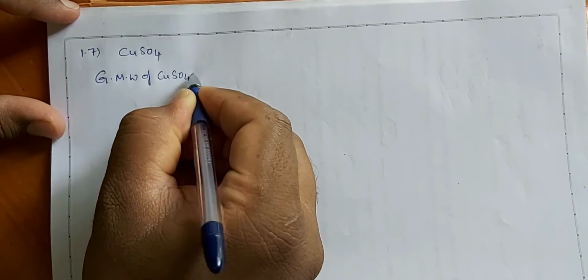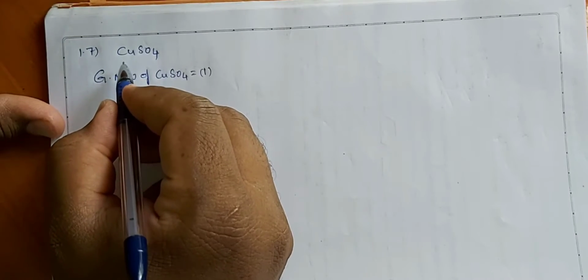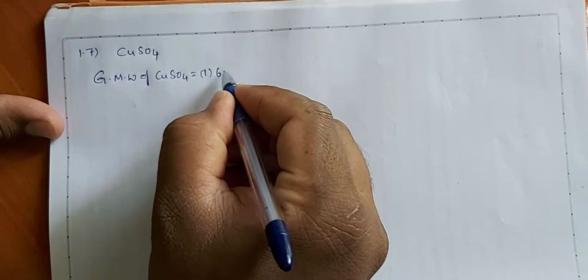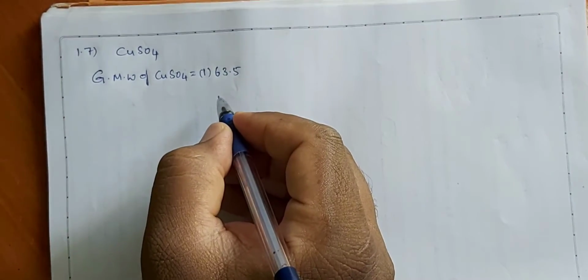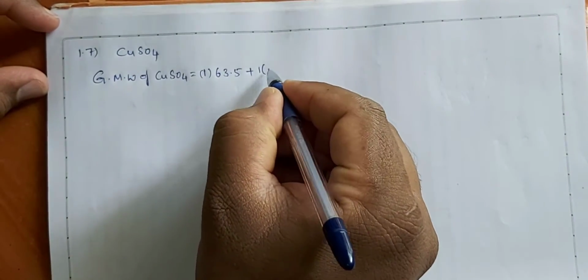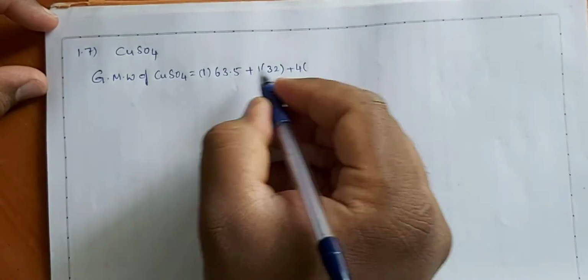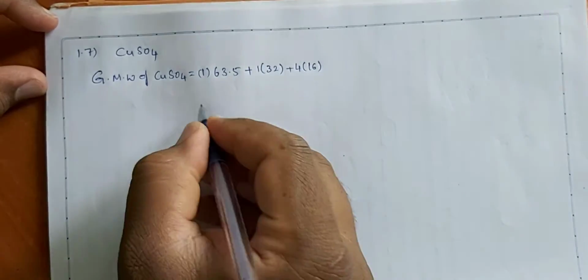Okay, first the gram molecular weight of copper sulfate is equal to: copper 1 atom is there, 1 into 63.5, the gram atomic weight of copper is 63.5, plus sulfur 1 into 32, plus 4 into oxygen 16, gram atomic weight.